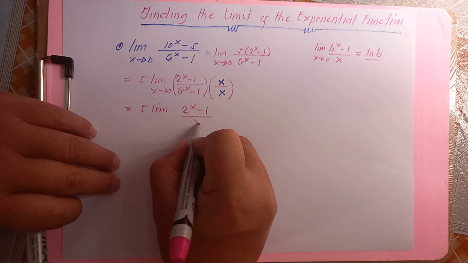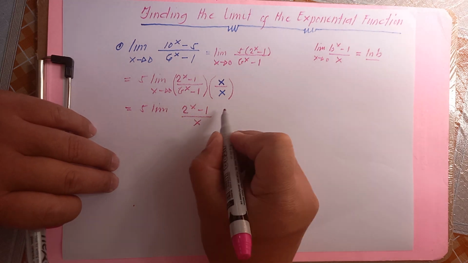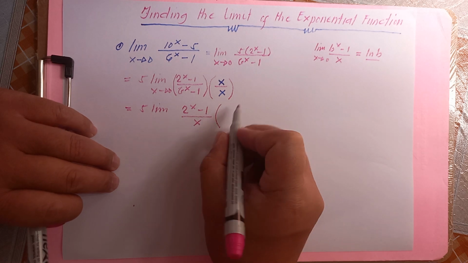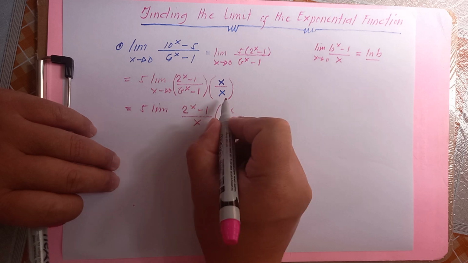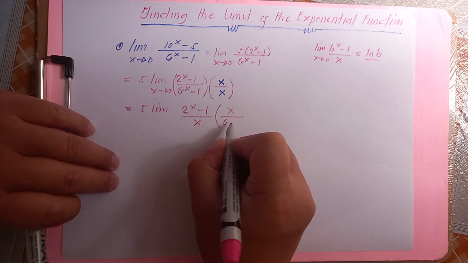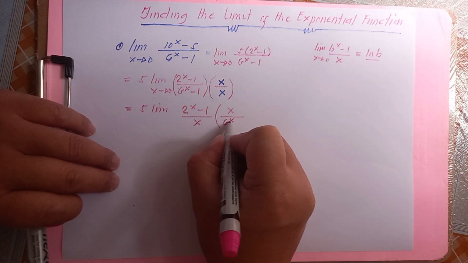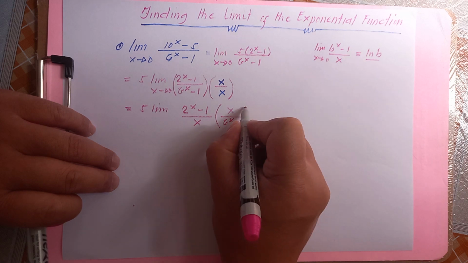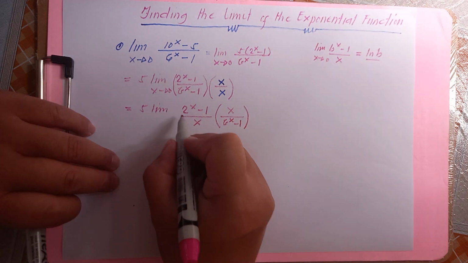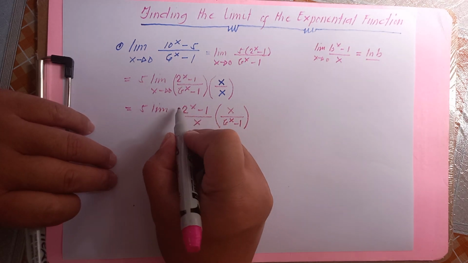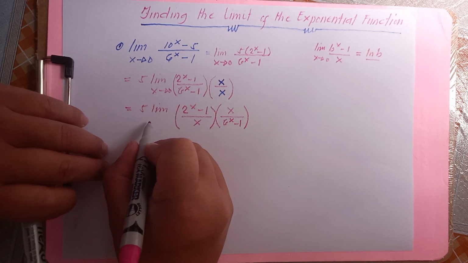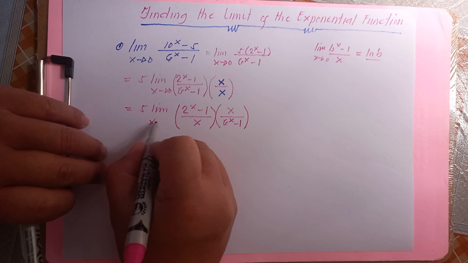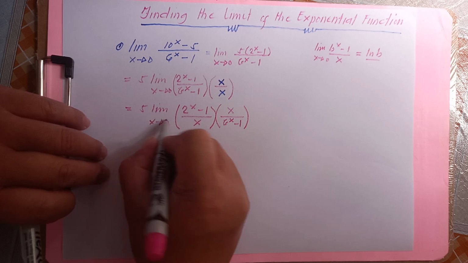Now what about the other factor? The other factor is x over (6^x - 1). Okay, so that would be our new form, of course, as x is approaching 0.